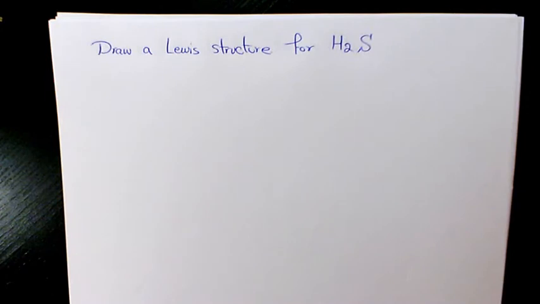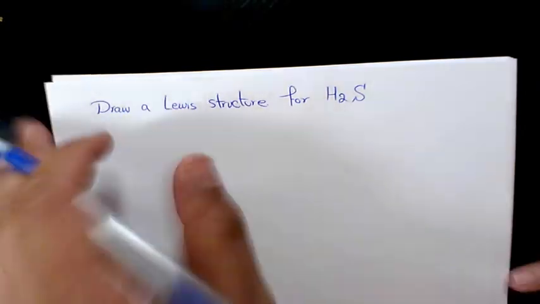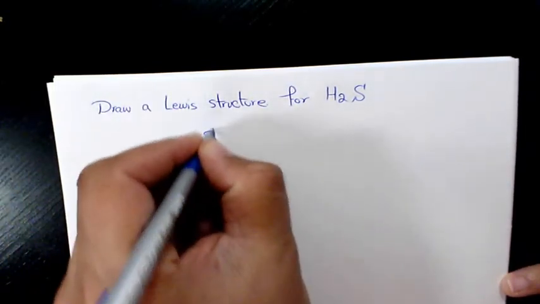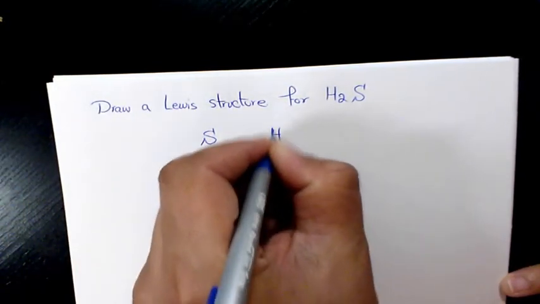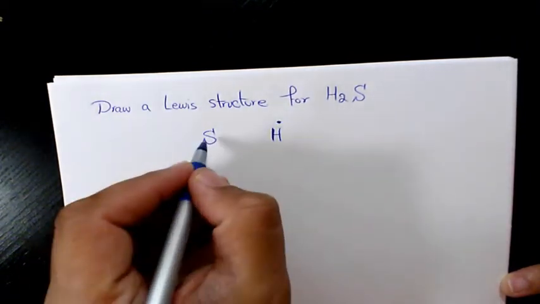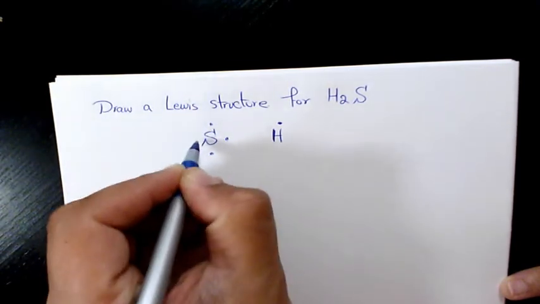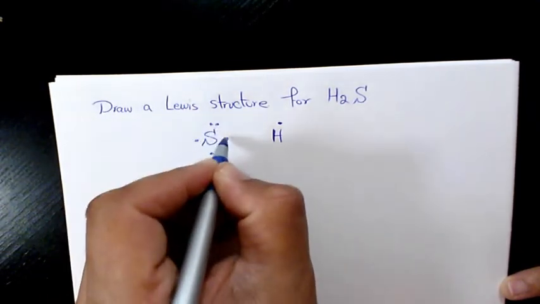Next example is to draw a Lewis structure for H2S, hydrogen sulfide. So again, we need to find out the central atom and surrounding atom by writing the bonding capacity of each. Hydrogen is 1, sulfur is going to be 6. So 1, 2, 3, 4, 5, 6.